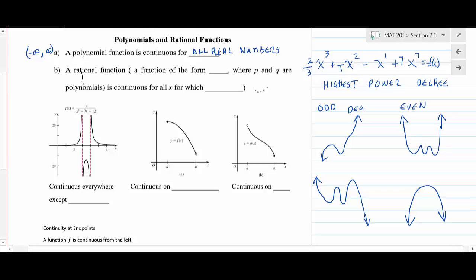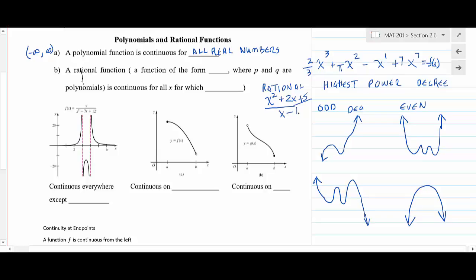Now, a rational function is a ratio of two polynomials. Rational functions can look different ways, but basically you just put a polynomial on top of some sort, maybe something like that, and then you might have some sort of a polynomial on the bottom. So it's a ratio of two polynomials.